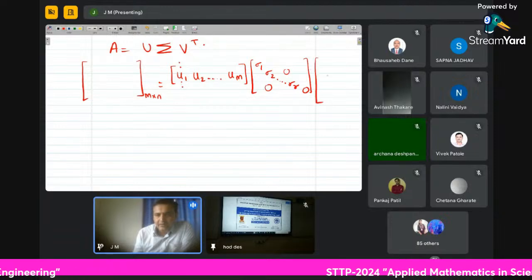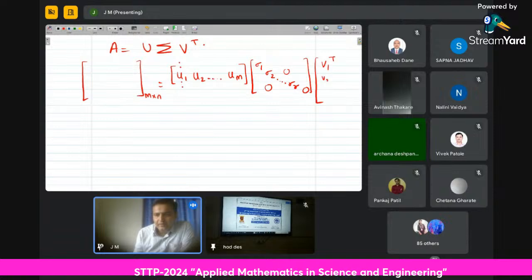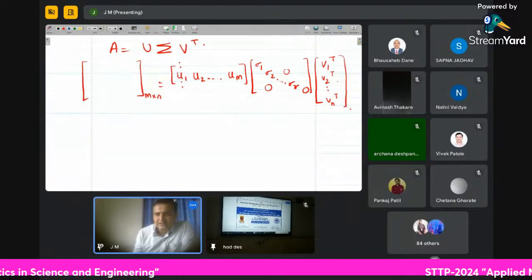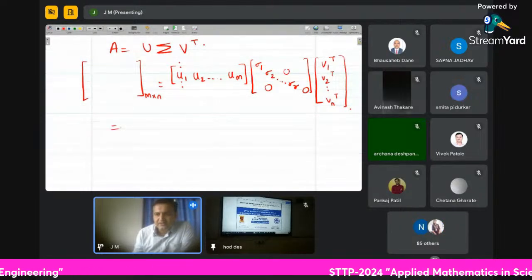And here I have V1 transpose, V2 transpose. Now, if you multiply this, what do you get?